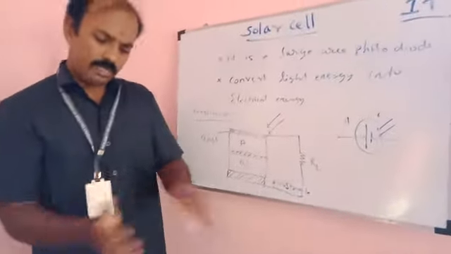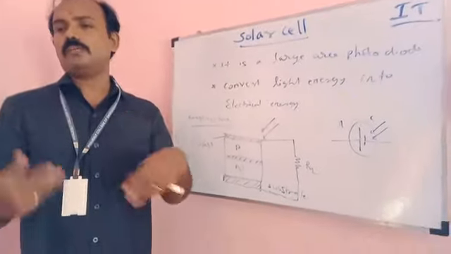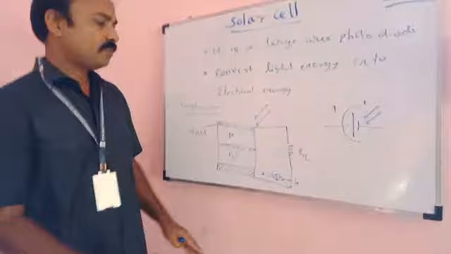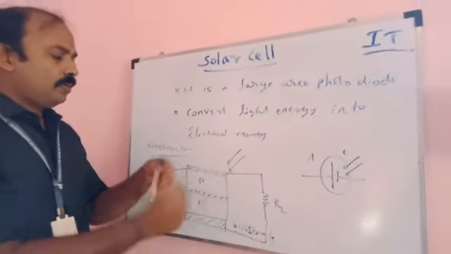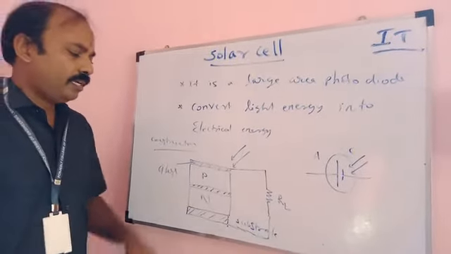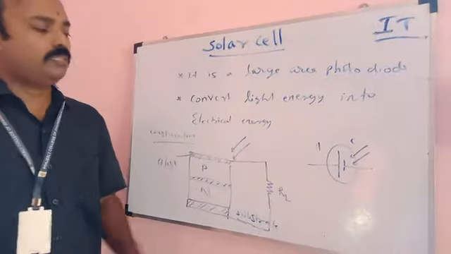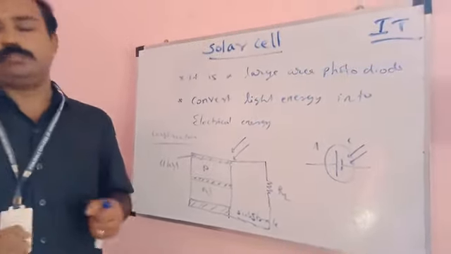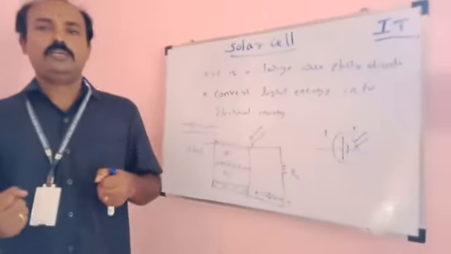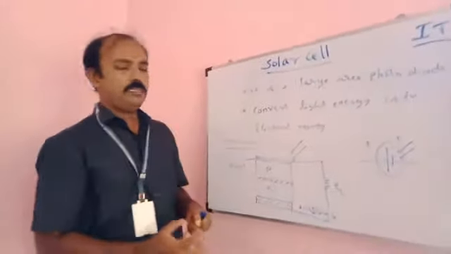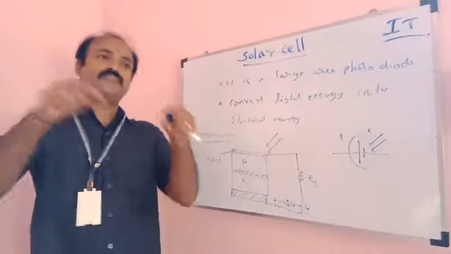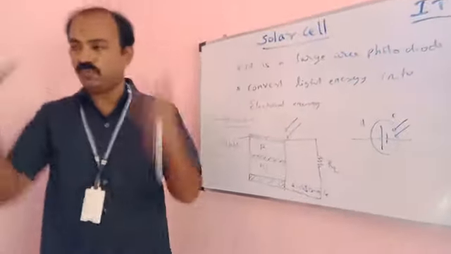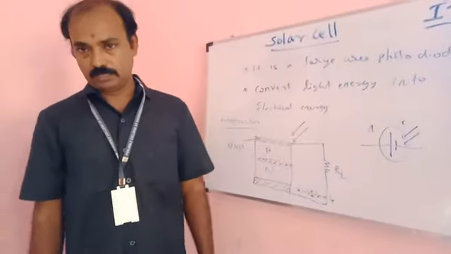So there is a flow of electrons, that we call electricity. The strength of electricity produced in this way is very high if a large or high intensity beam is allowed to fall on this solar cell.